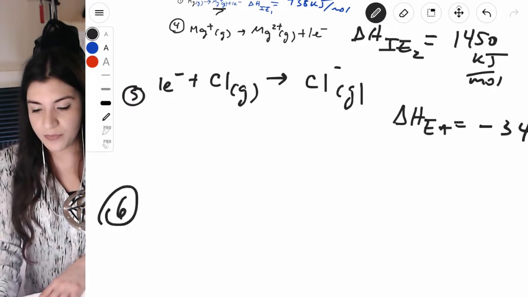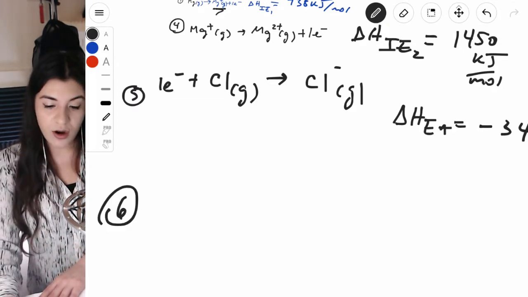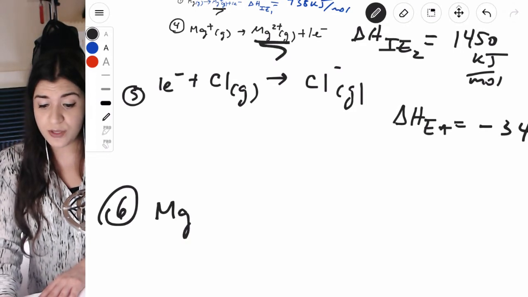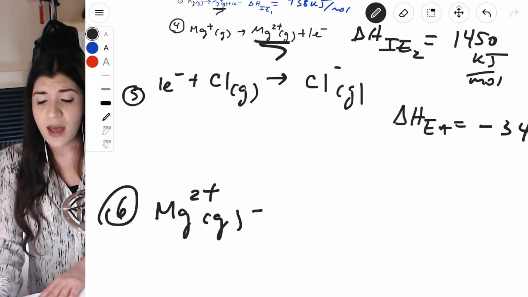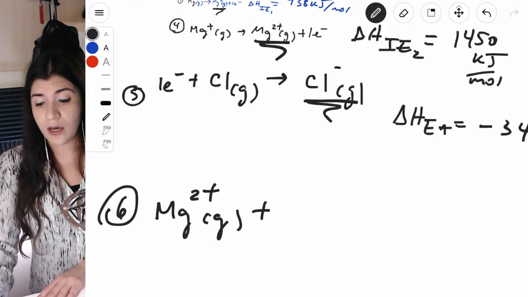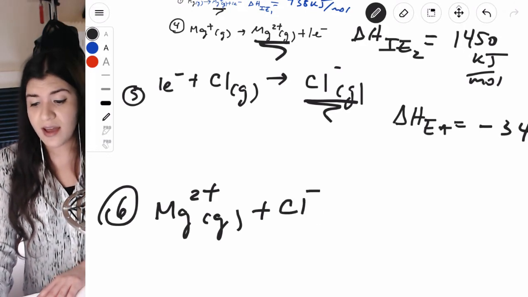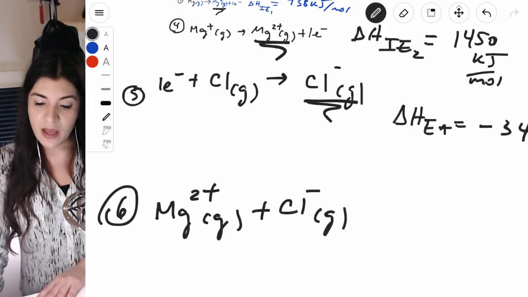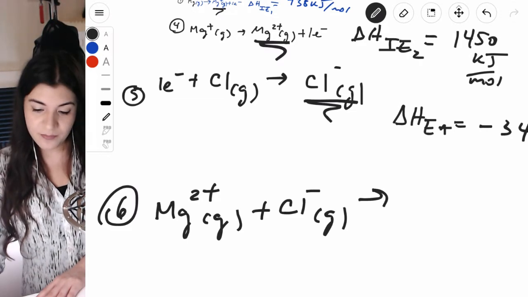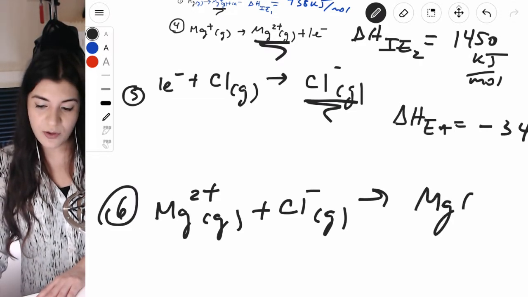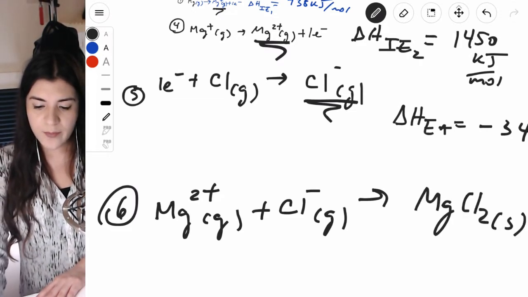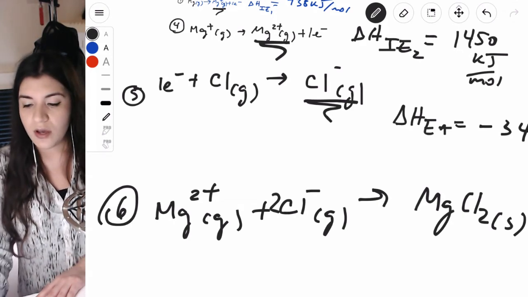So in this case, I would now combine our magnesium that we left off with, which was the 2+, and that's a gas form. I'd add that with the last part that we got where this was an ion and it is in its gas form. That would then combine to be magnesium chloride, and that's a solid form. I'm going to put a 2 there just to balance this out.